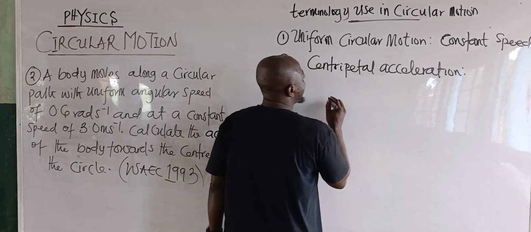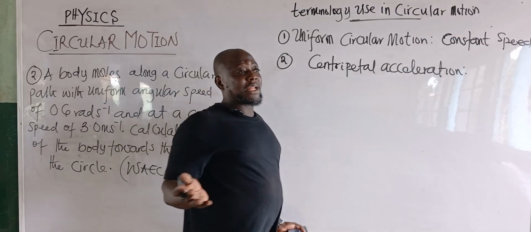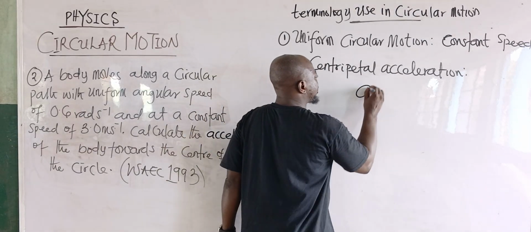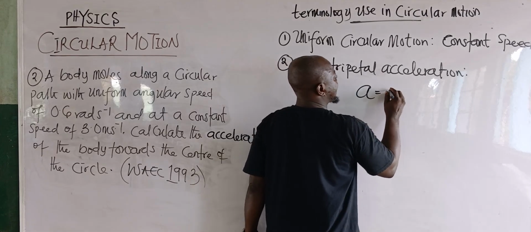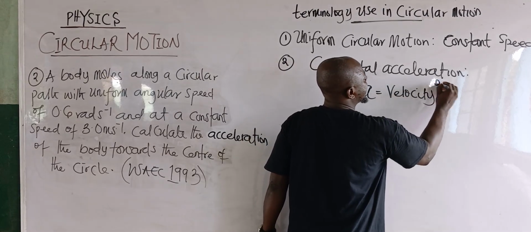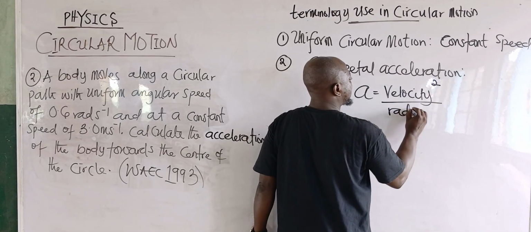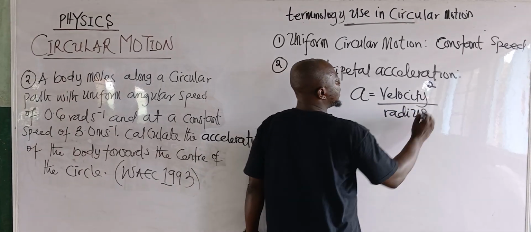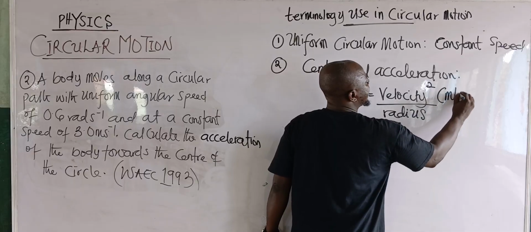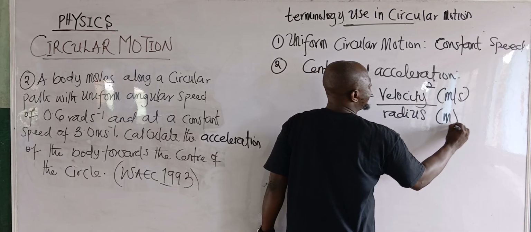So mathematically, centripetal acceleration is simply acceleration. So we say acceleration is given as velocity squared all over radius. My velocity is measured in meter per second, while the radius is measured in meter.